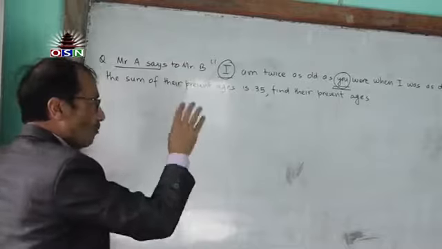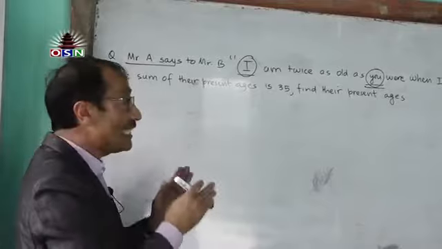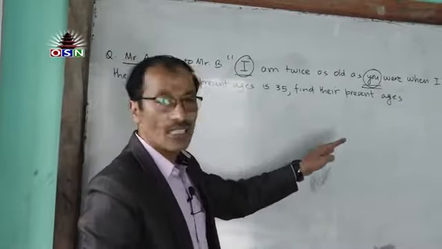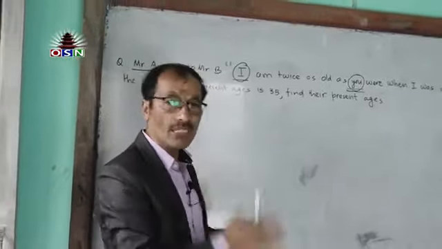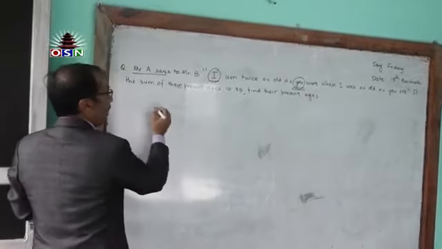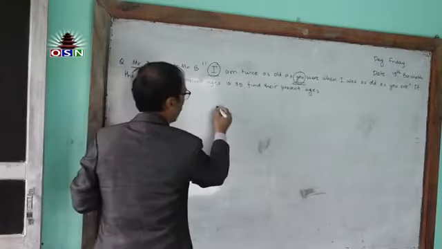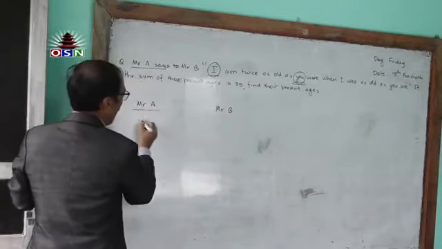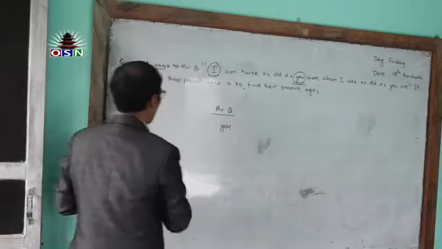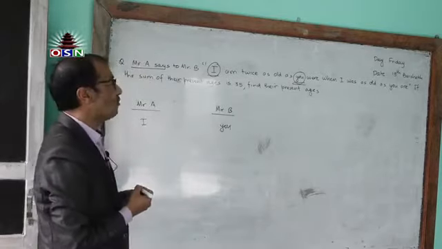Dear students, you must have some knowledge of grammar and tense as well, because although this is a mathematics question, you must know the grammatical knowledge also. Well, here you must be clear about Mr. A and Mr. B. I have already said that I represents Mr. A and you represents Mr. B. What does Mr. A say to Mr. B?